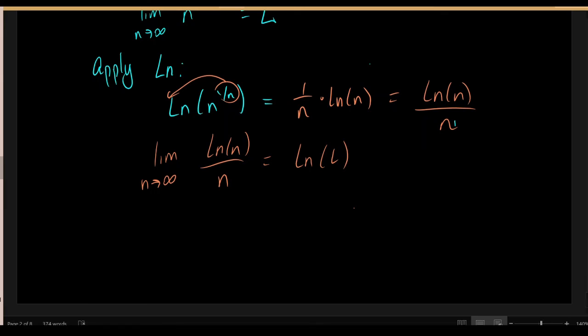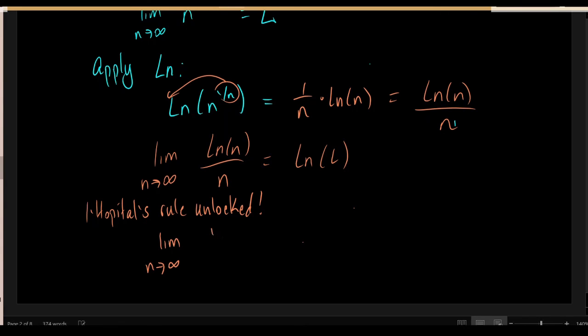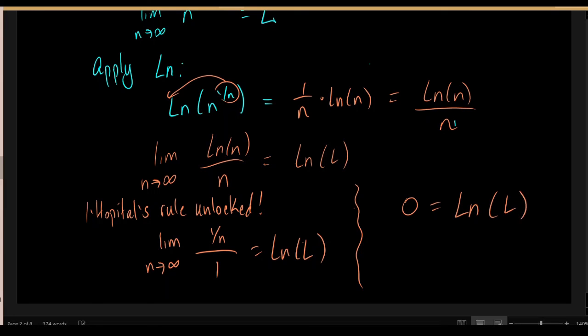Now, just as in the previous argument, both natural log of n and n are going to infinity. So L'Hopital's rule is unlocked. And we can calculate the limit of the derivatives. Now, as n goes to infinity, 1 over n is going toward 0. So the left-hand side is approaching 0, and that 0 is equal to the natural log of the limit.